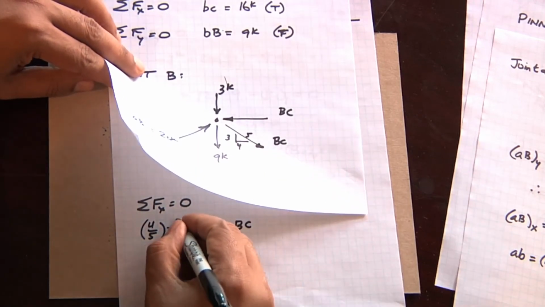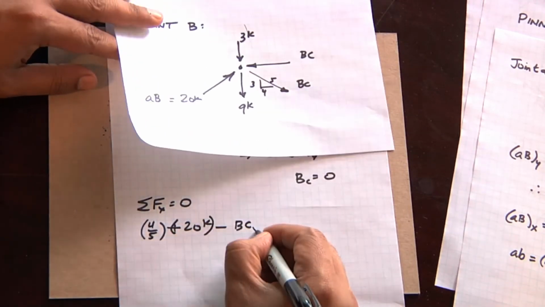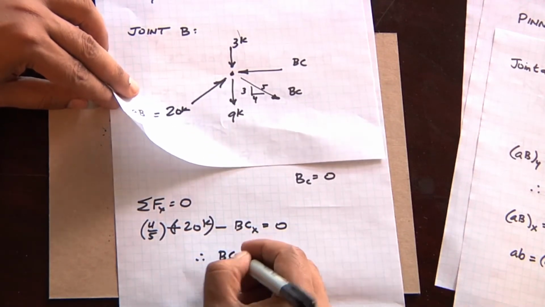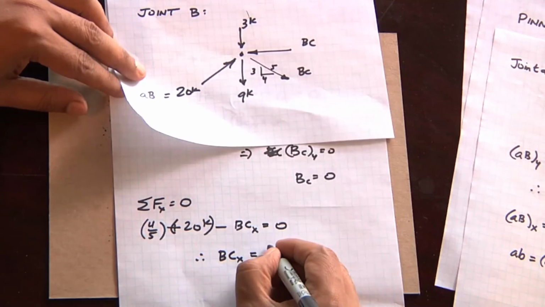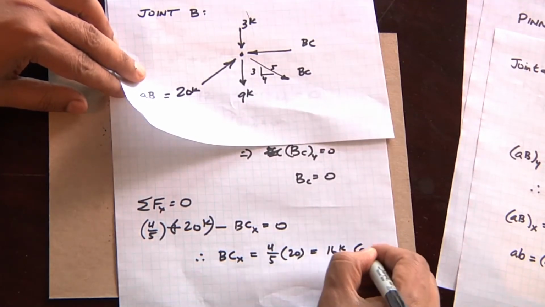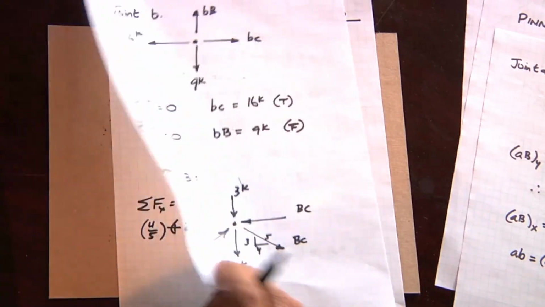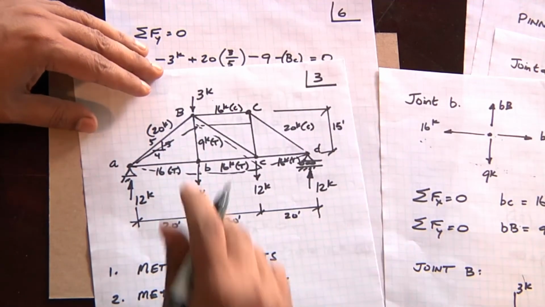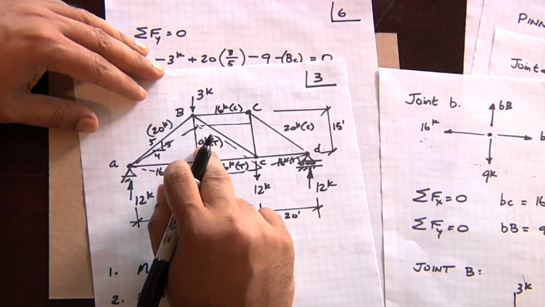So 4/5 times 20 minus BCX equals 0, which tells us that the BC x component is 4/5 times 20, which is 16 kips in compression. Going back to our truss, this is 16 kips in compression and this is 9 kips in tension.